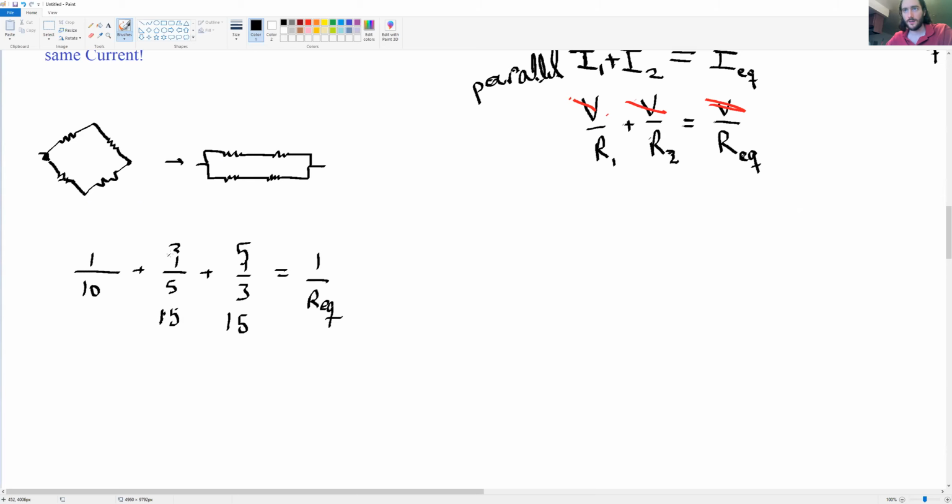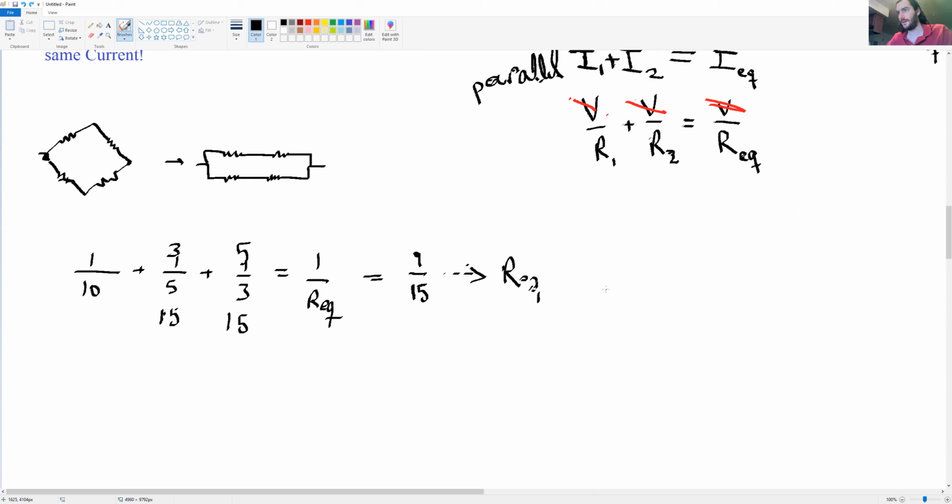So 1 plus 3 plus 5 is 9 over 15. So 1 over REQ equals 9 over 15. That means REQ equals 15 over 9. That's just for the left side of the circuit.